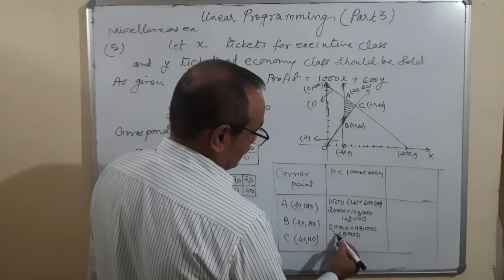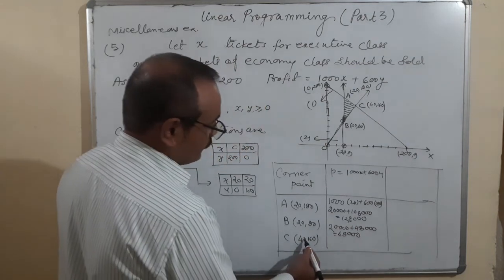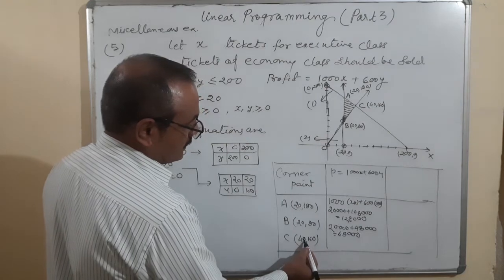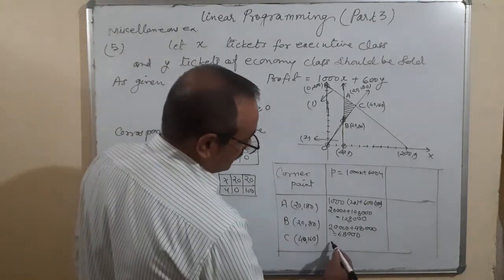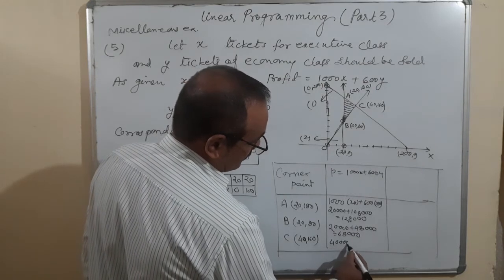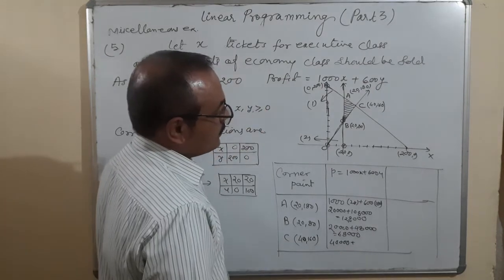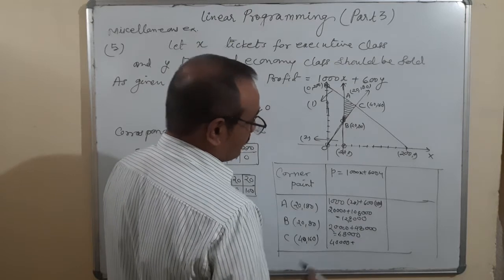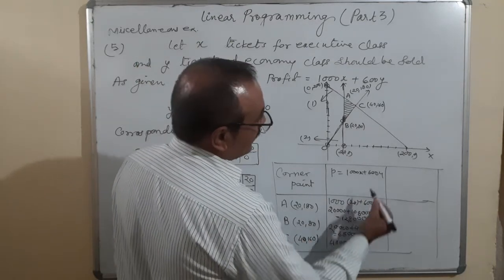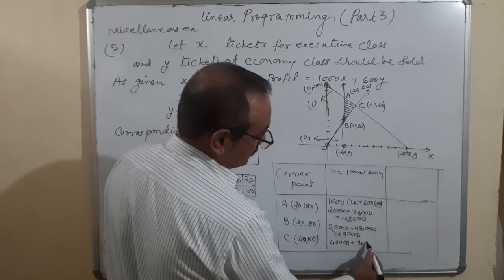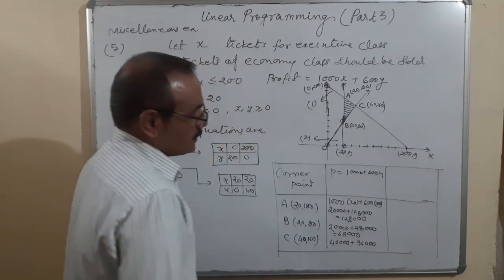Okay, and the third one is 40 and 160. Let us see what is 40. 40 multiplied by 1000, it is 40,000, plus 160 multiplied by 600, that is 96,000.